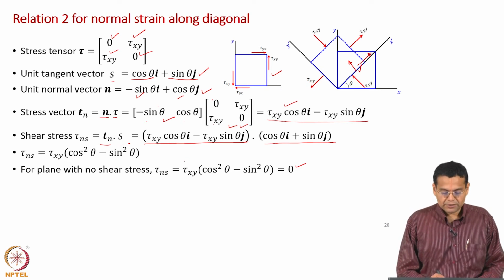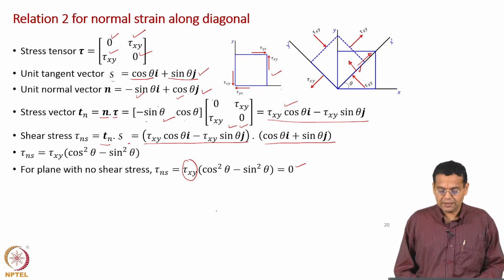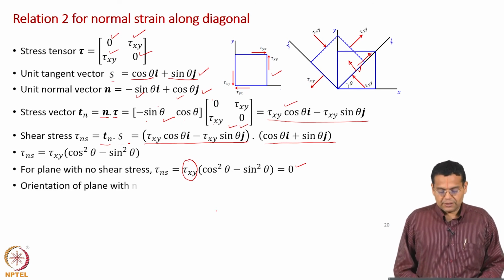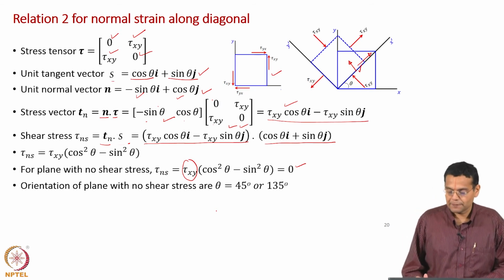Now, tau xy cannot be 0 because it is a given constant value. So, what is the condition? That depends on theta. So, this tau ns becomes 0 for theta equal to 45 or theta equal to 135, and that is what is shown here.